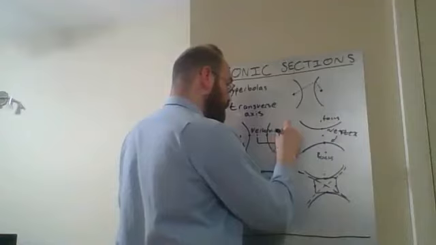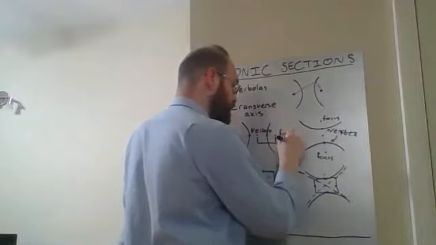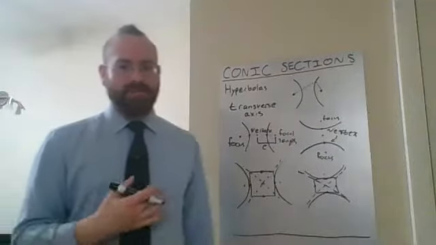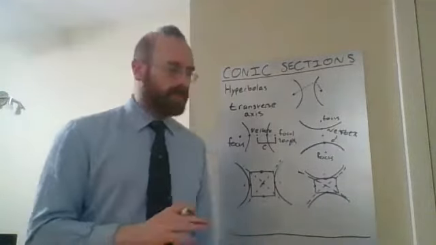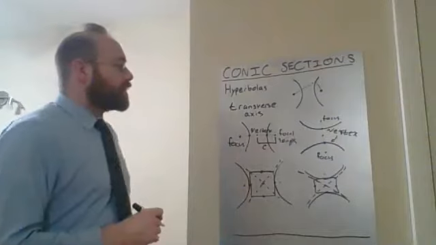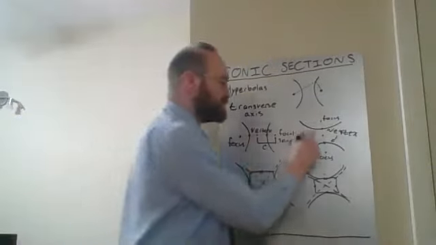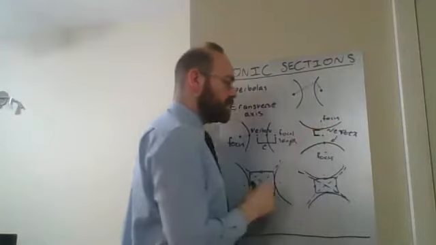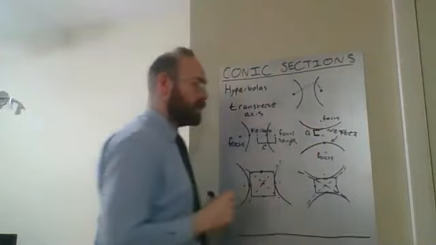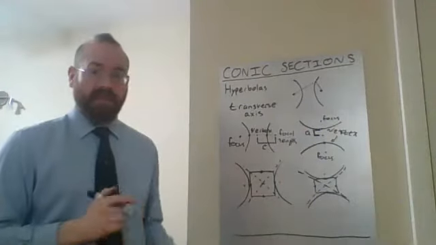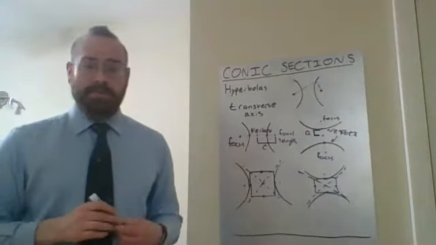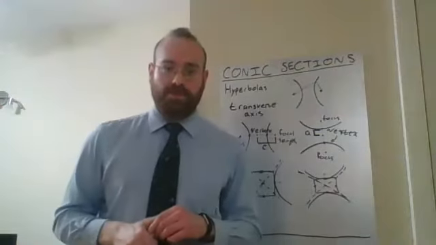So this is our focal length, and we call it C, which is why I had to erase the C for center. The distance from the center to the vertex we call A.